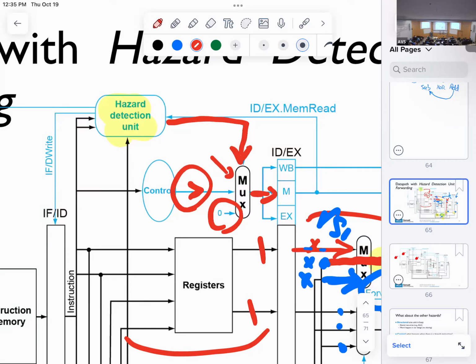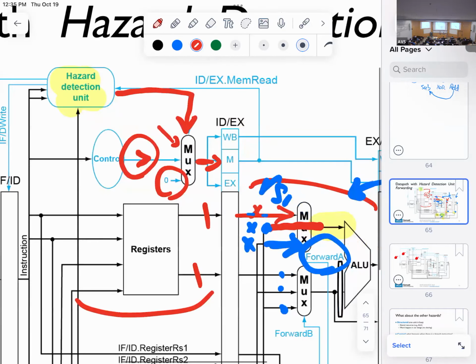And that's sufficient for making sure that nothing happens to my instruction, okay? So the hazard detection unit, all it does is add this mux on the path of the controller and replace your controller signals with all zeros if it needs to insert a bubble, okay?